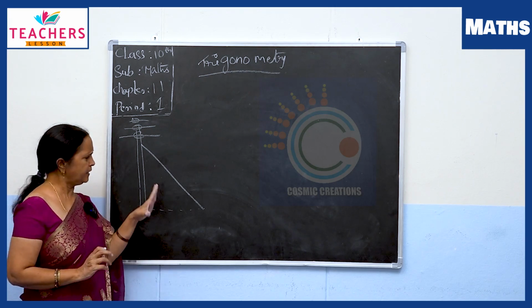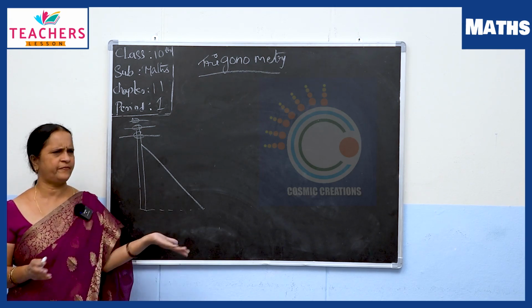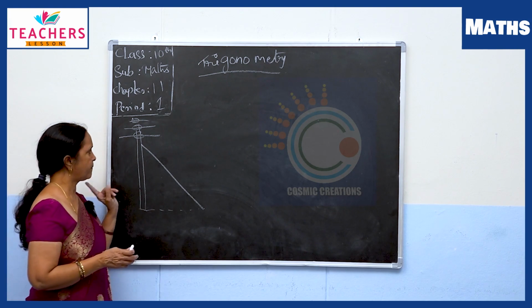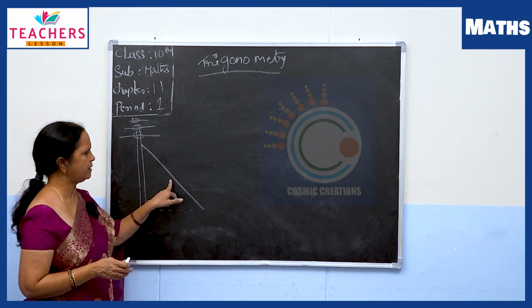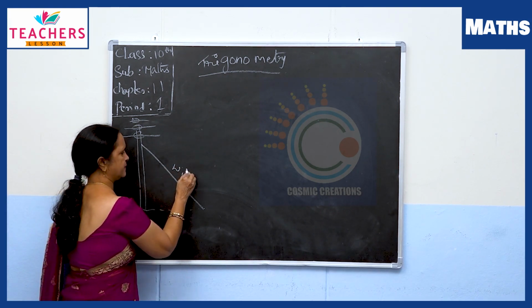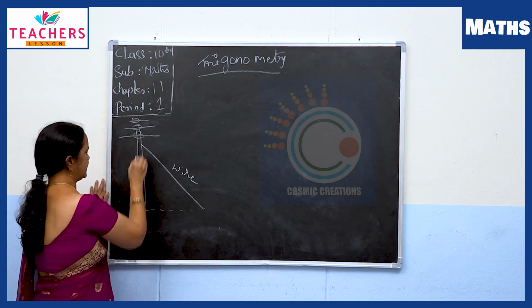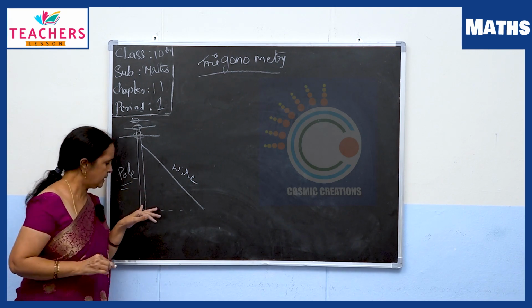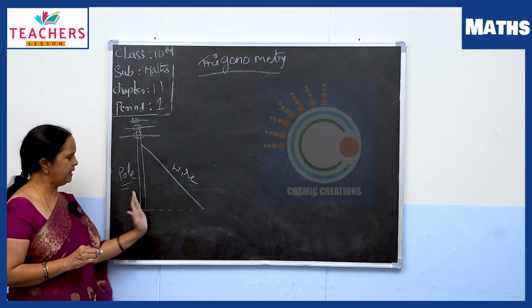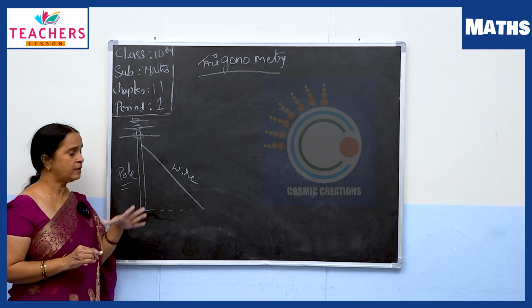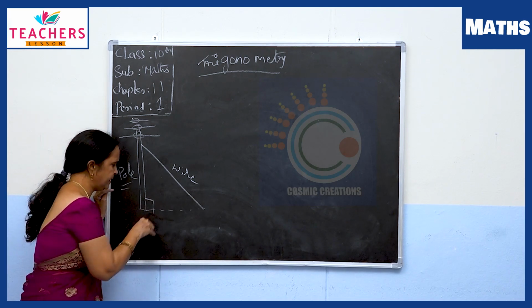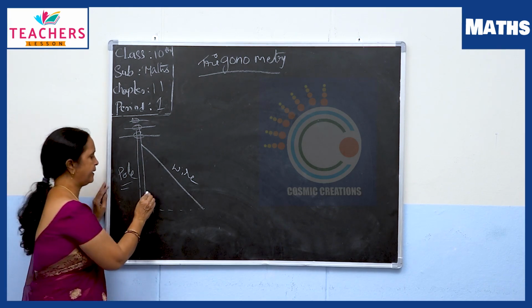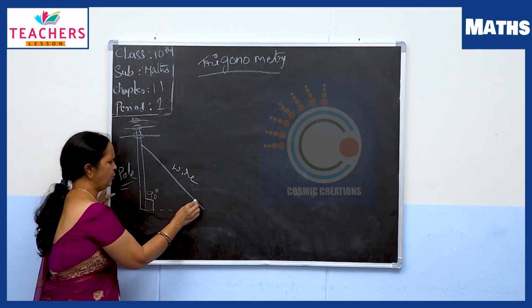Yes. Electric poles are present everywhere, and they are erected using a metal wire. This is an electric pole. It is vertical to the ground. Then what is the angle made here? 90 degrees.